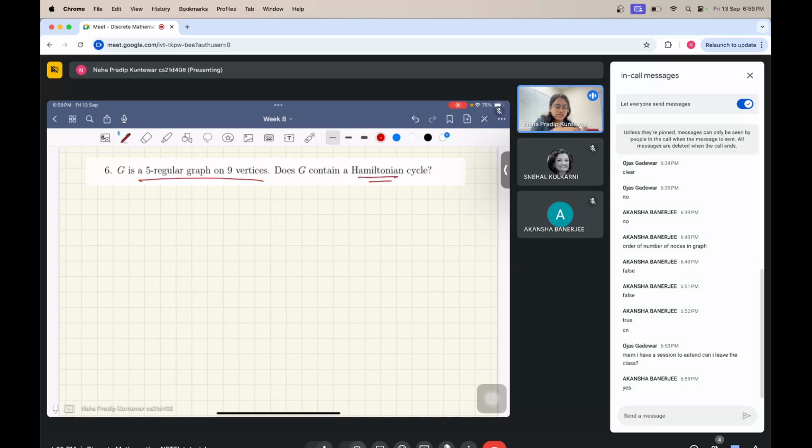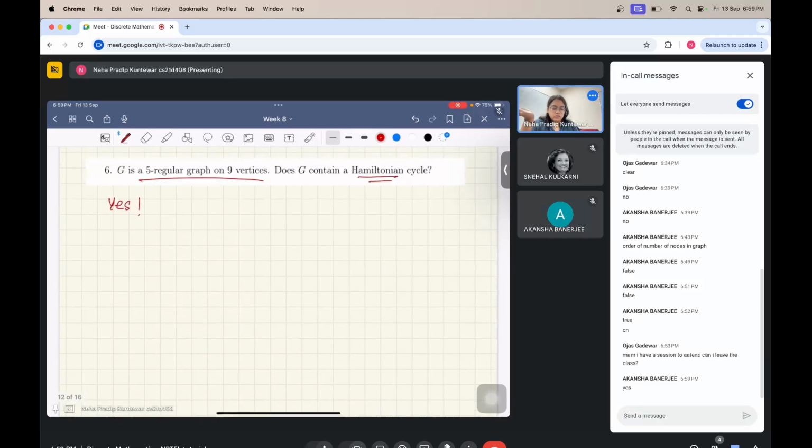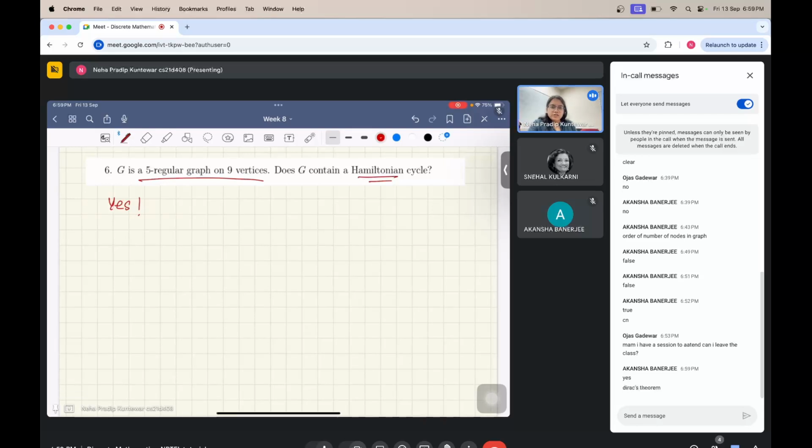Okay, Akansha says yes. So the answer is indeed correct. What you do is, you can either use the idea of the degree sequence thing that we saw last time.